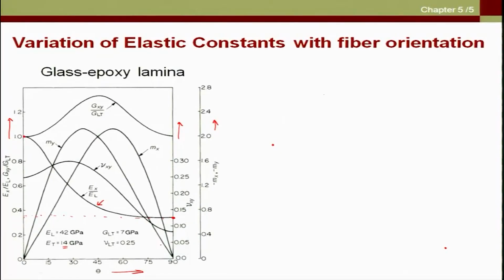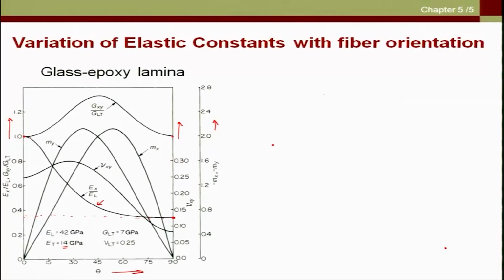The next thing we will look at is variation of Gxy. When I divide the value of Gxy by GLT at theta equals 0, this ratio is 1, which means that when the direction of loading and the direction of fibers are mutually aligned, then Gxy and GLT are the same.